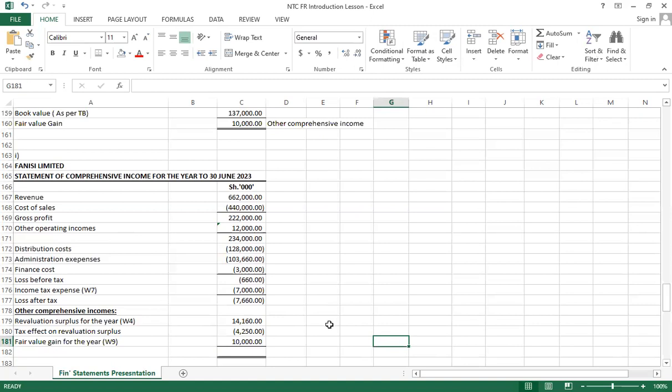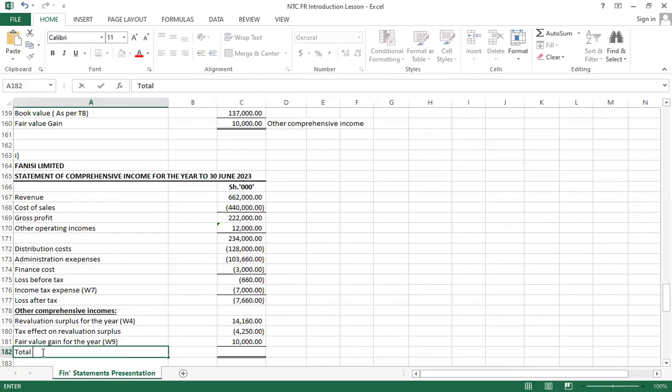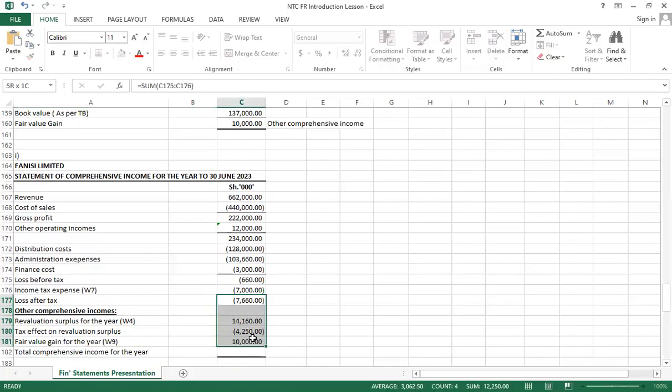We are done. You then get what we call the total comprehensive income, and this is for the year. Remember that you will add them all the way from the loss after tax, and that gives us about 12,250, and that is it.